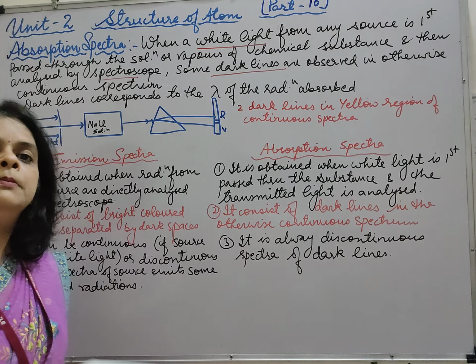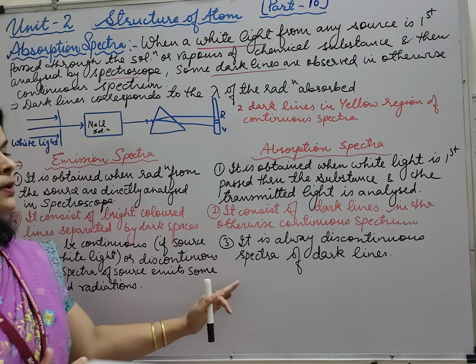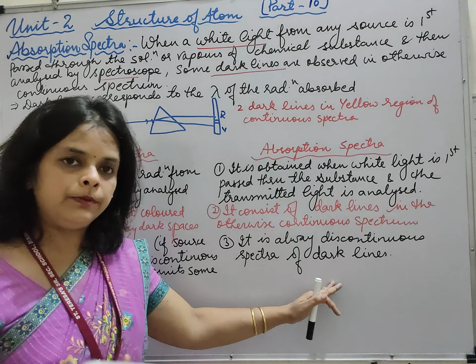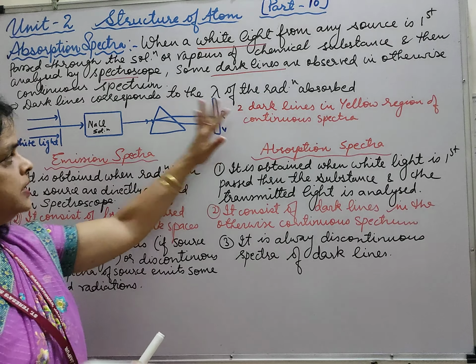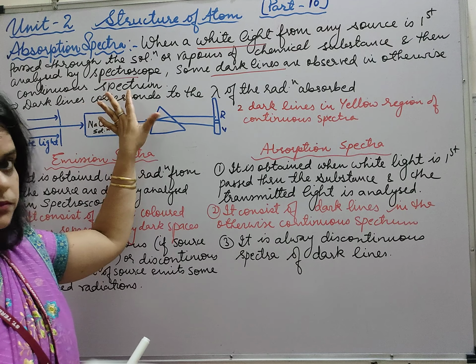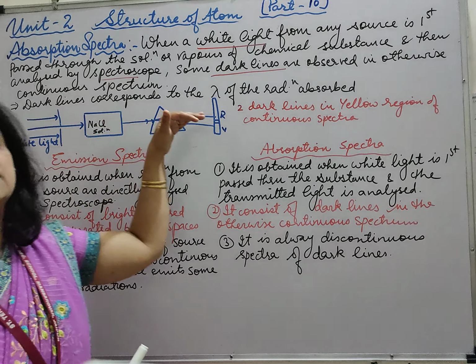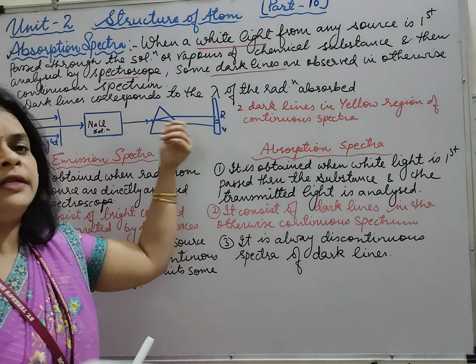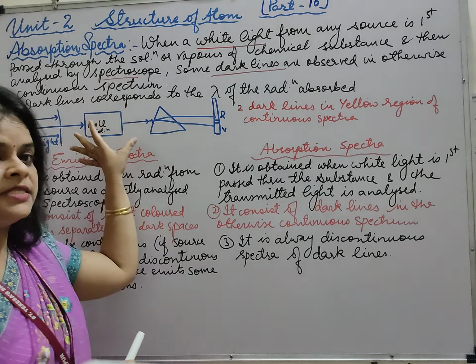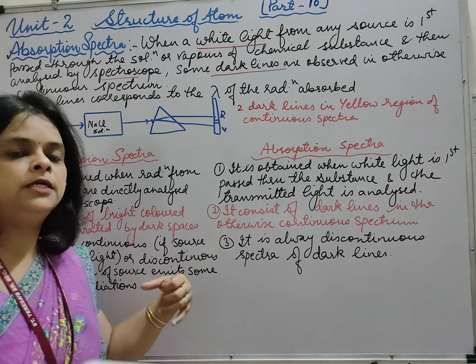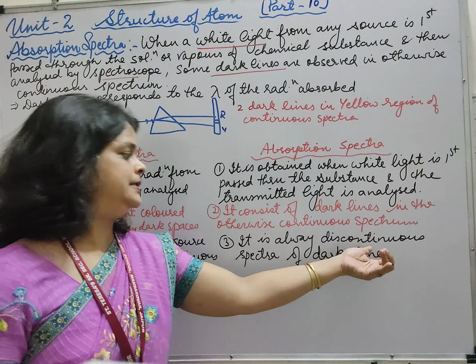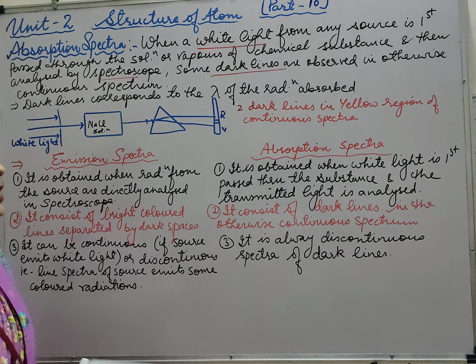Always we will get dark lines here, we will never get a continuous pattern. Students, if we get a continuous pattern, that means it is not absorbing anything. It seems as if the white light is directly passing and splitting is taking place. But we had placed a substance and it will absorb some radiation, so always we will get the discontinuous spectrum of dark lines.